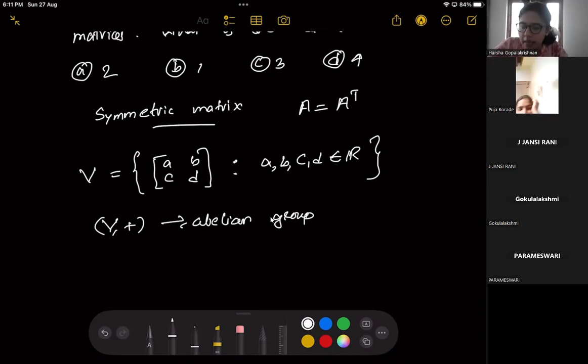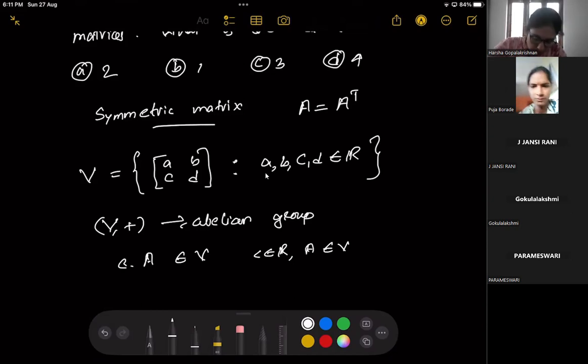So V under plus is an abelian group, and under scalar multiplication we have several properties. For some scalar C and matrix A, CA is also in V, for C in R and A in V. And what are the other properties we need to prove? That (C1 plus C2)A equals C1A plus C2A. These are all very trivial results.